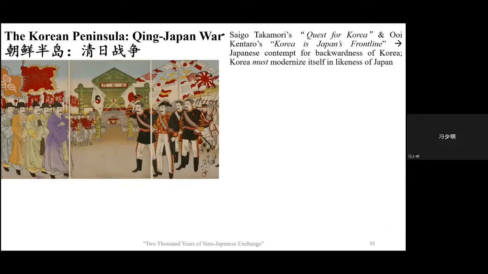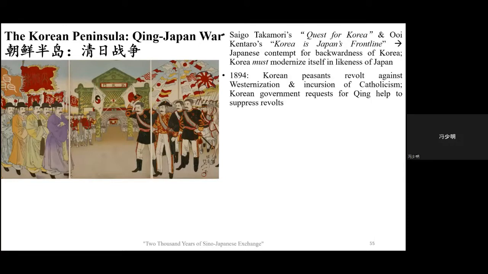And when we move on to the modern era, especially Saigo Takamori, he wrote in Quest, right? The Japanese didn't like the backwardness in Korea, so Korea must modernize itself just like Japan.